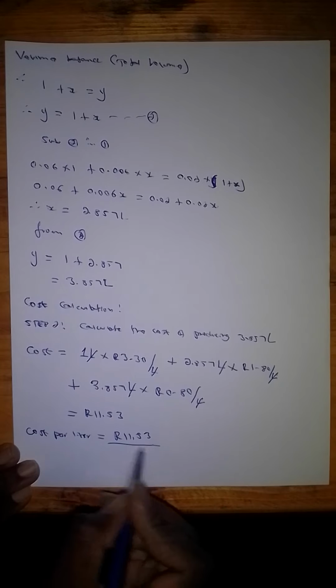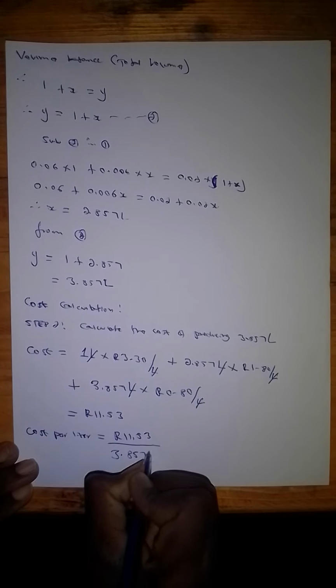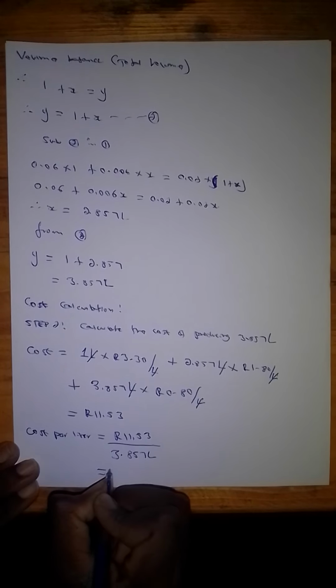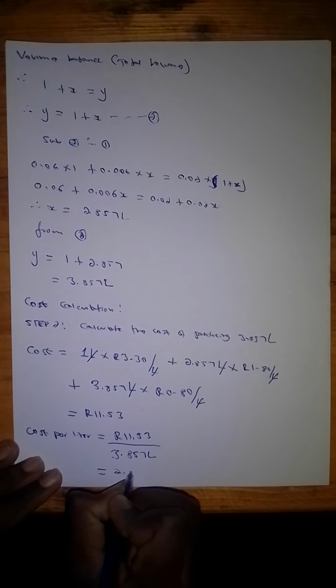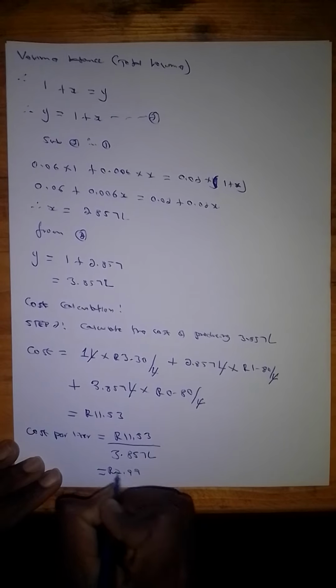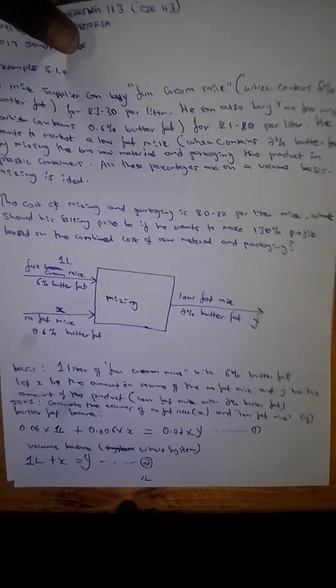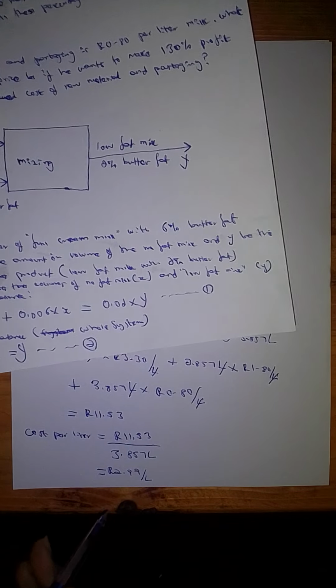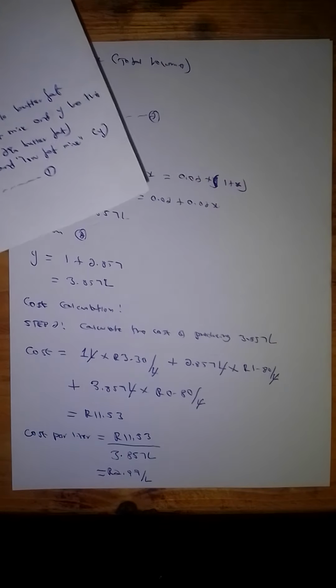Remember, it's 11.53 for 3.857 liters. If you calculate that, it gives you 2.99 per liter. So 2 rand 99 cents per liter, which means that in this process, for every 1 liter, it costs the producer 2 rand 99 cents. So that is just the second part.